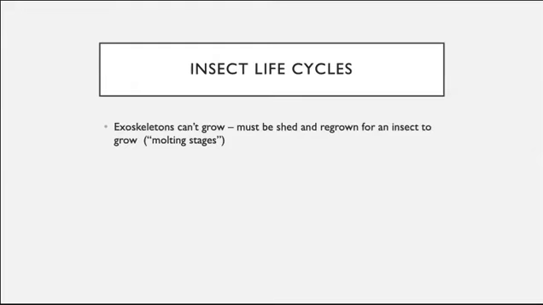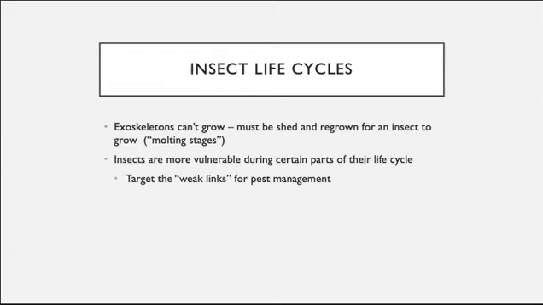So most insects go through several of these molting stages before finally molting into the mature adult form. So when we locate an insect and we want to try to identify it on the farm, what we're actually seeing is a snapshot of this life cycle.